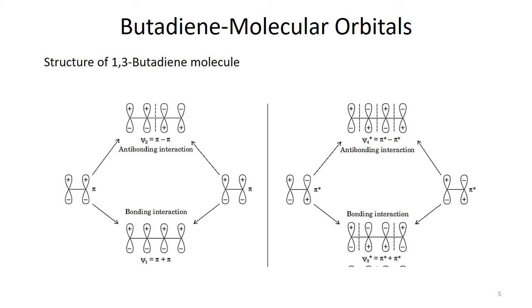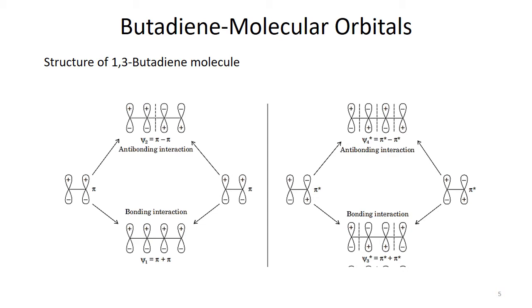So this is why we wrote that we are using the linear combination. In linear combination, one time you do addition, and the other time you subtract. And the other way, if you use pi star and pi star, then you add them, and the other way you subtract them.